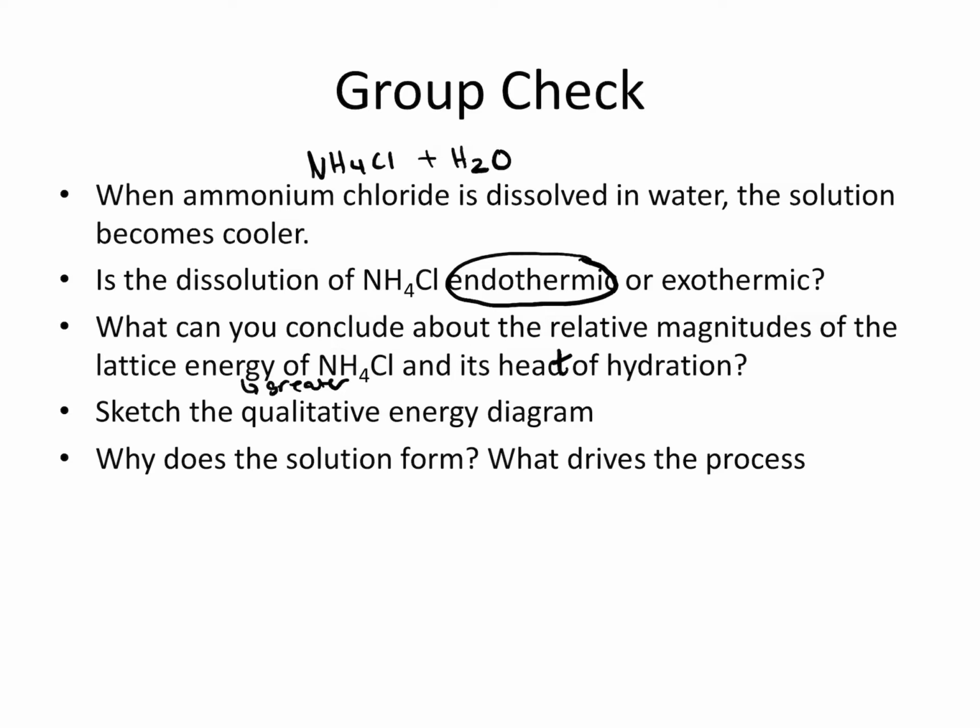Sketch the qualitative energy diagram. So the dissolution of ammonium chloride is an endothermic reaction, and it absorbs energy. So when we want to do a qualitative diagram, we have a little plot here where we have the energy and reaction progress. And you have your reactant and then your products.